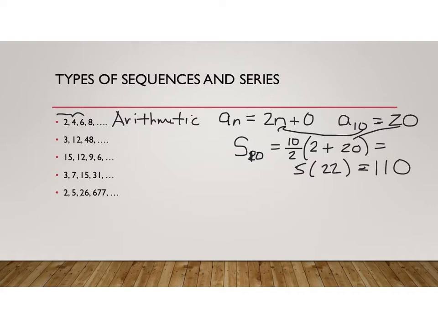And that is just a review of what we did with arithmetic sequences. The second sequence, we're multiplying by 4, it looks like. So this would be called a geometric sequence. And we're going to talk about that in much greater detail, and you'll be able to do some of the same things we just did for the arithmetic.